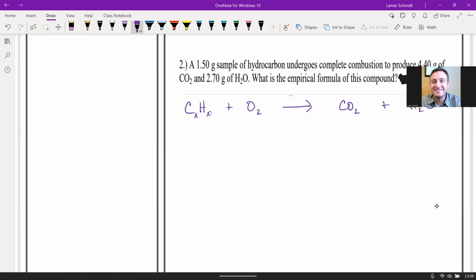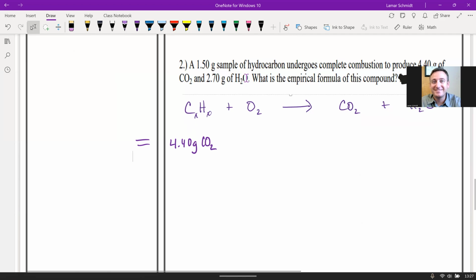So we're going to start off with 4.40 grams of carbon dioxide. If I wanted to know the number of moles of carbon, would carbon dioxide be a good substance to use? And why or why not?